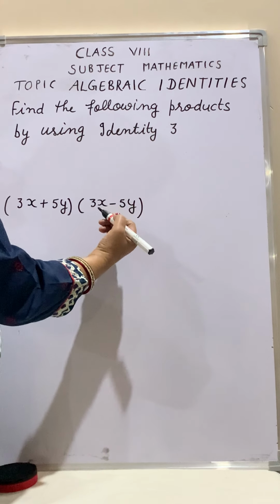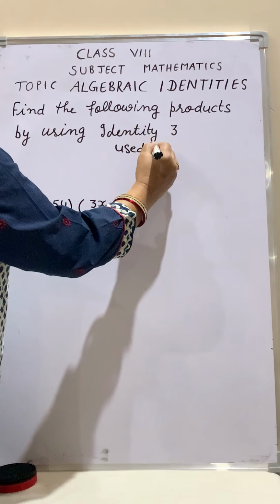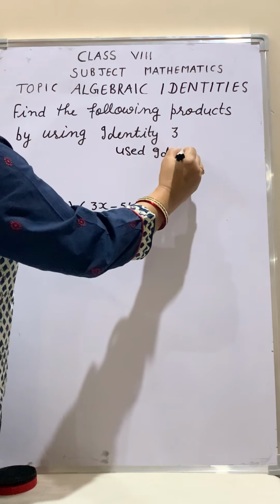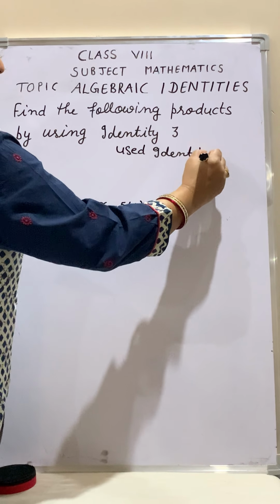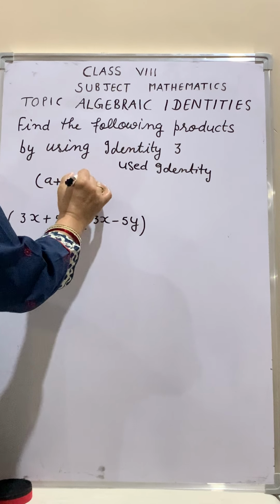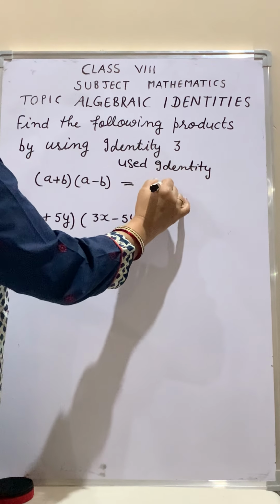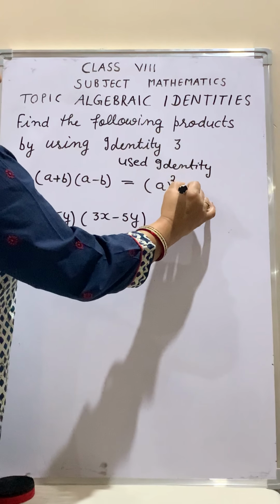You have to write down the used identity: A plus B times A minus B is equal to A whole square minus B whole square.